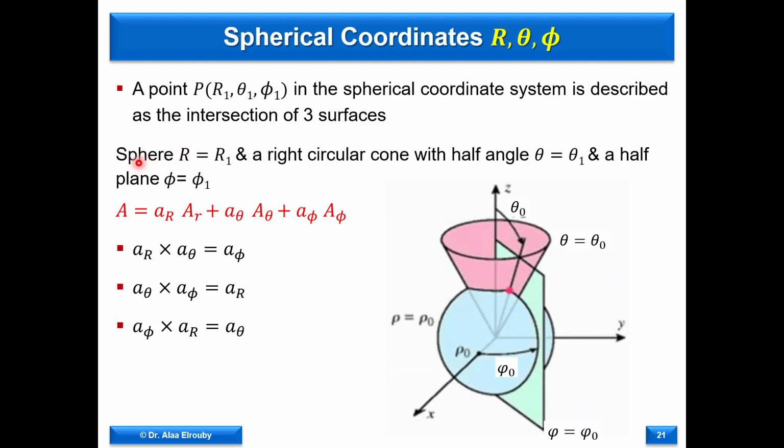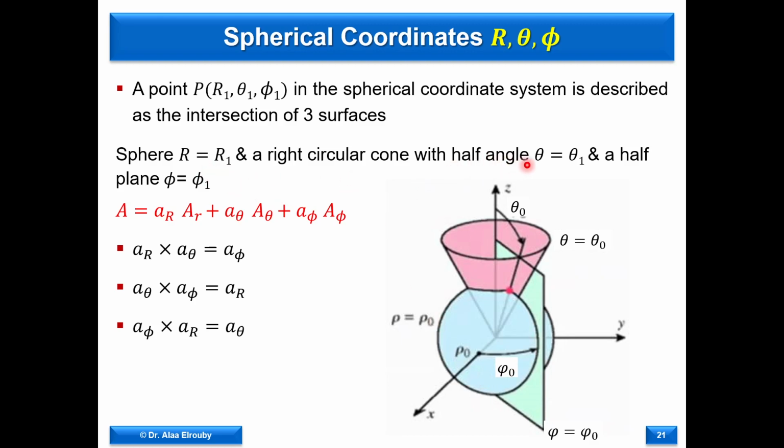So the intersection between R equal R1, which is the surface of a sphere, and theta equal theta 1, which is the surface of the cone, is like the periphery of a circle. The intersection between the sphere R equal R1 and phi equal phi 1, which is a half plane, is like half a circle.